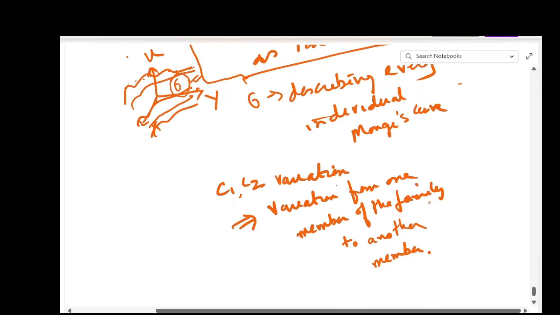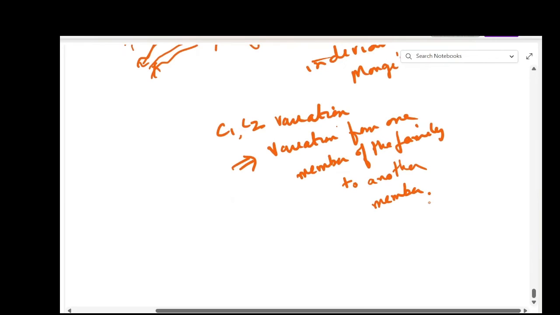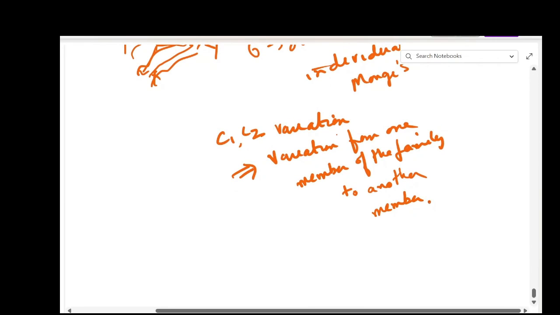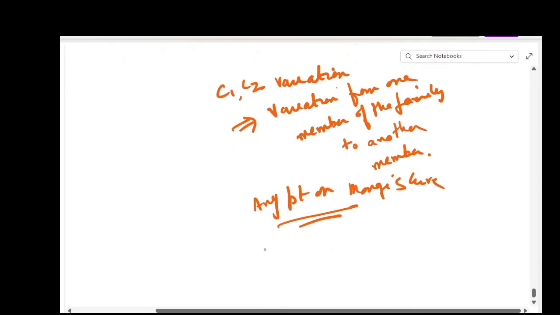So I am taking into consideration three variables, sigma, c1, c2, or I can write eta 1, eta 2, that means just the variation. I am writing all this in sigma eta form. Then I can write any point on Monge's curve, and that will give me the parametric equation, because you are trying to consider how the locus of a point is changing along a curve.